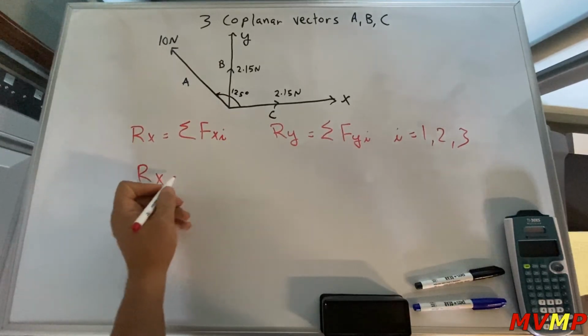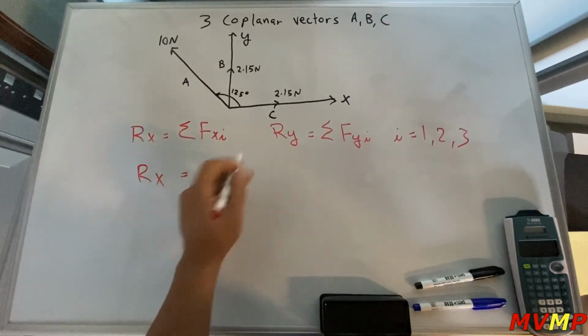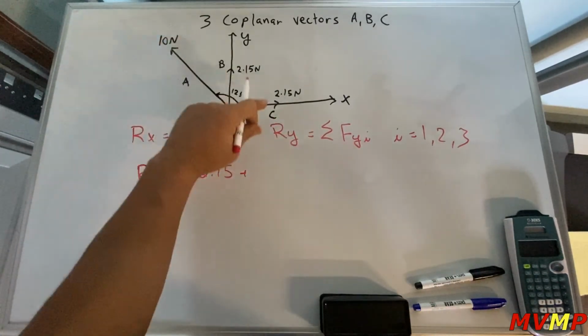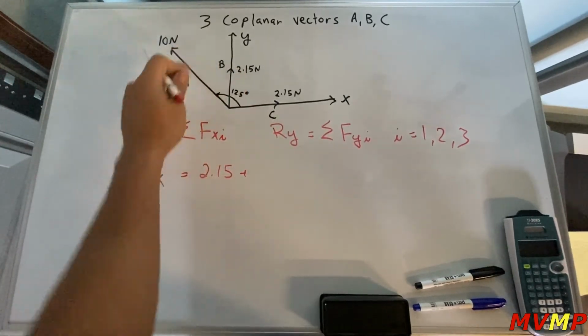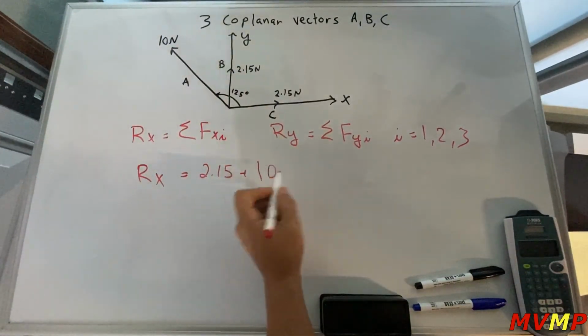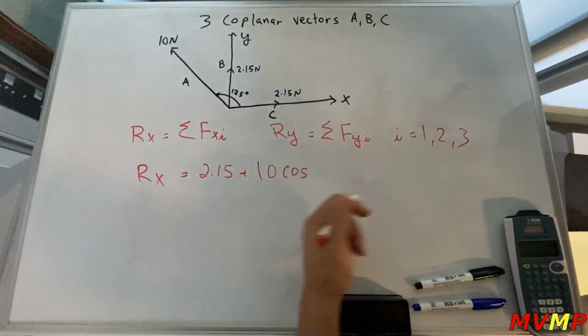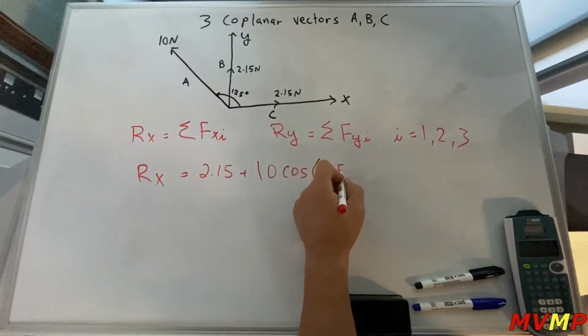To solve for Rx, it's really easy. We just put 2.15 plus, and it's this reference to this, and then this reference to this. So 10 cosine, because this is on the x-axis, and it's a degree of 125.